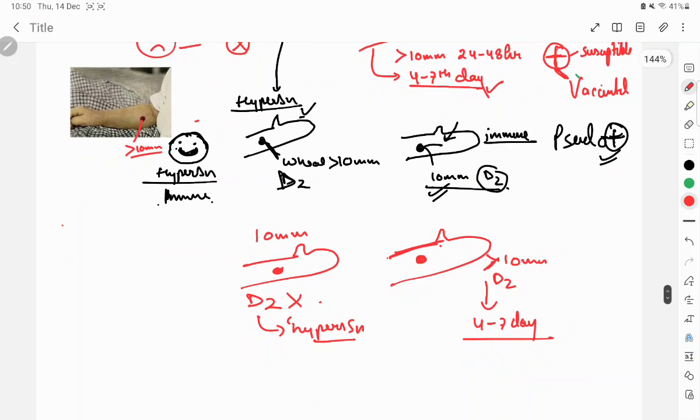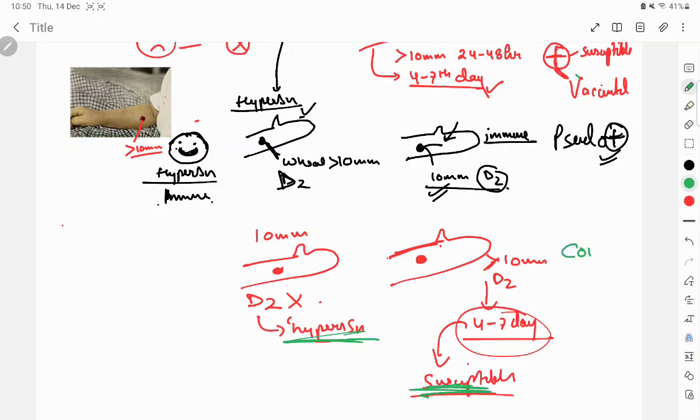No, he is developing the reaction, so he is susceptible to diphtheria. This reaction, where the patient is susceptible as well as hypersensitive, is known as a combined reaction. In this case we vaccinate the person.